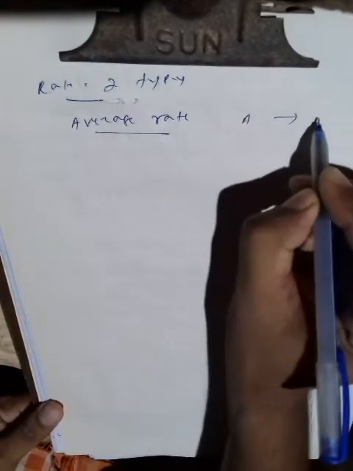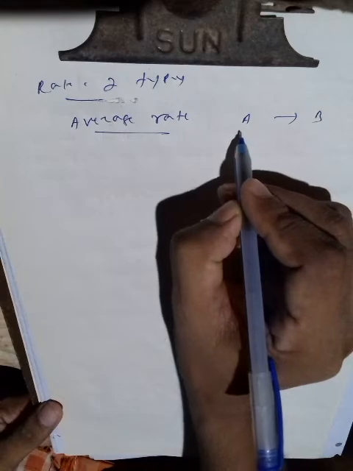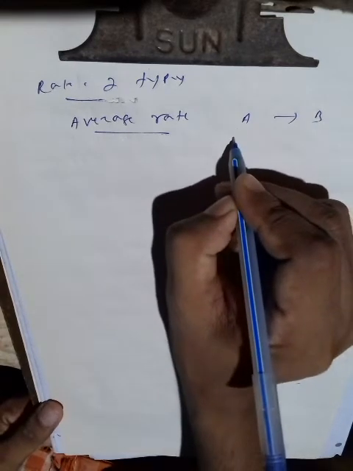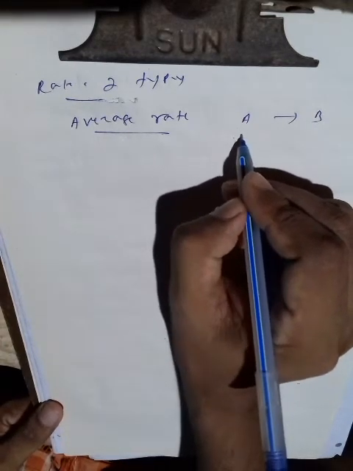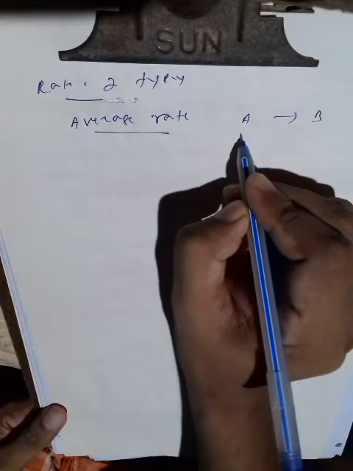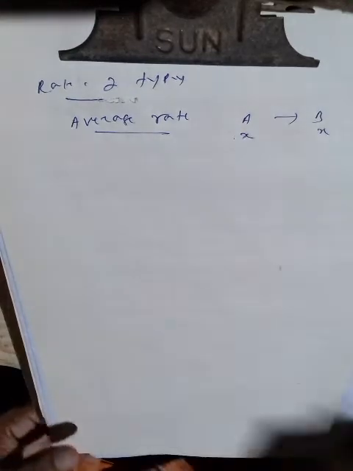We have known that if A is the reactant and B is the product, suppose the concentration change is some amount x, and the same amount x has formed.